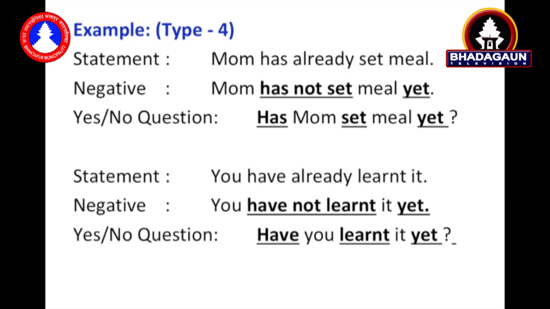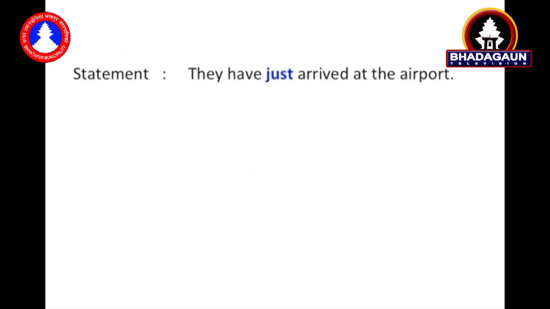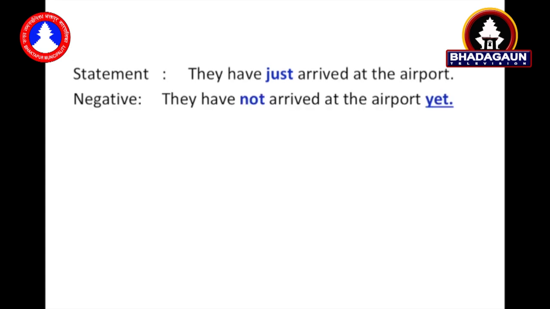Now one more example again. They have just arrived at the airport. Now here we have another word, just, in the place of already. And how is it stated? Let's see. Its negative is: they have not arrived at the airport yet. Not is used next to the auxiliary verb have, and just is also changed into yet.